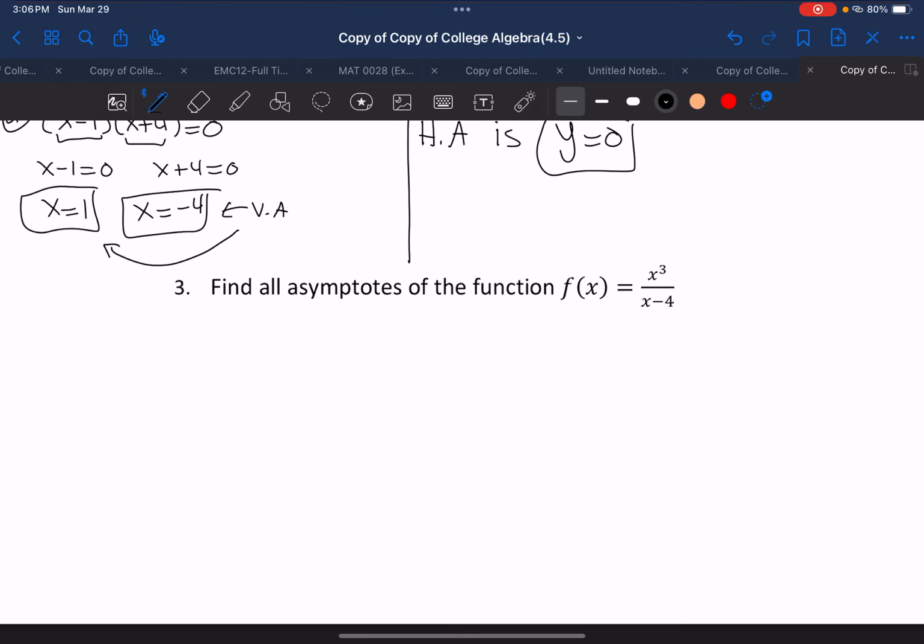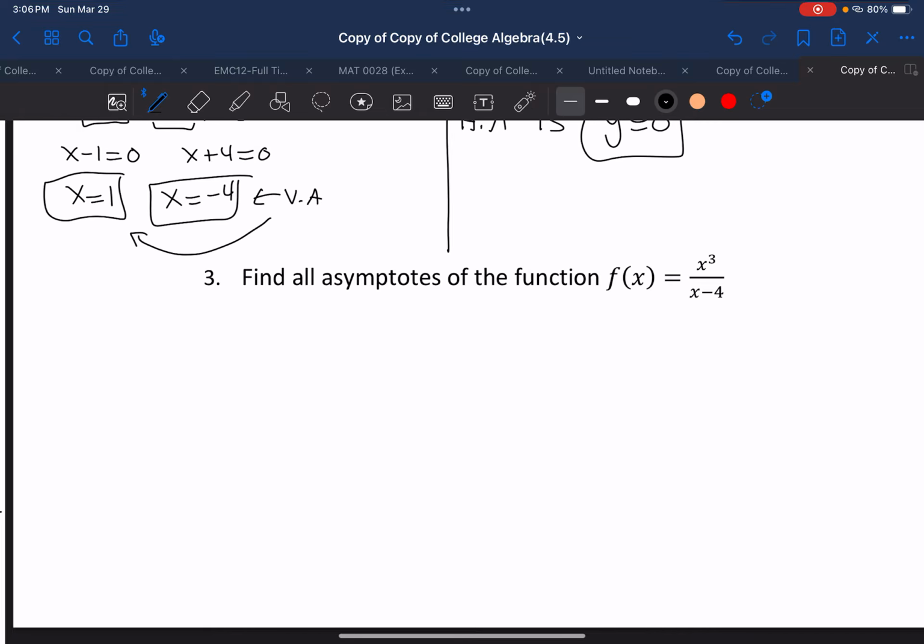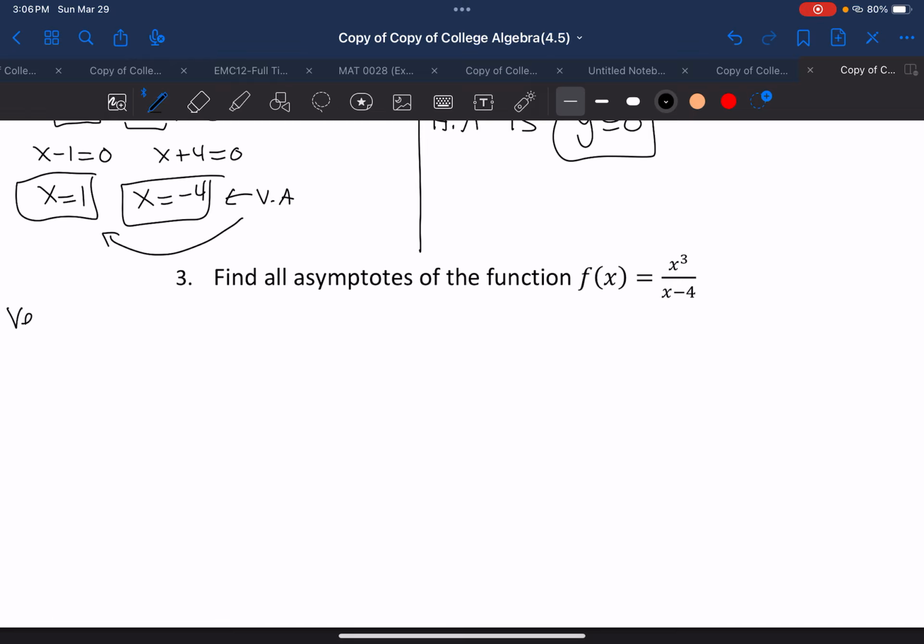Okay, and then finally, number 3, the vertical asymptote. This is already factored, so I don't need to worry about that.